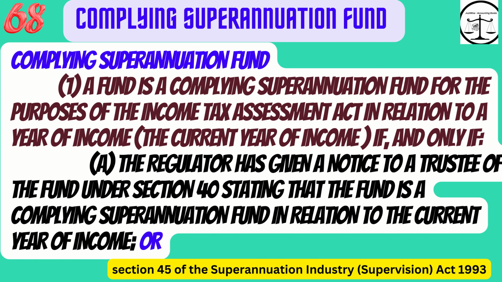Word number 68. Complying superannuation fund has the meaning given by section 995-1 of the ITAA 1997. Complying superannuation fund means a complying superannuation fund within the meaning of Section 45 of the Superannuation Industry (Supervision) Act 1993.